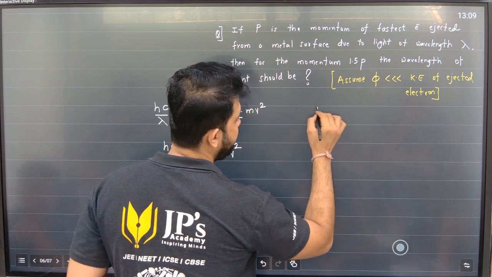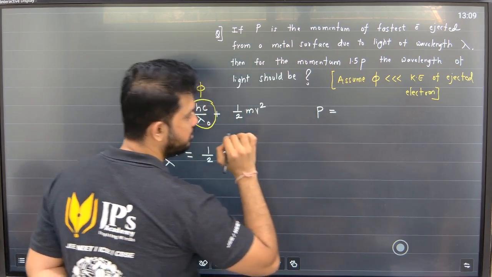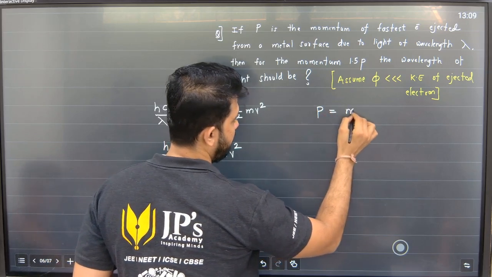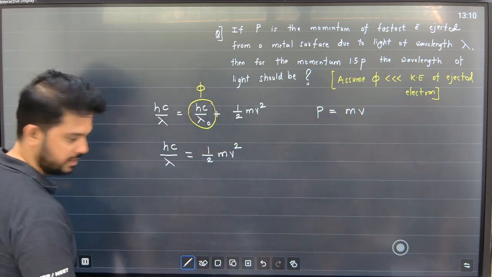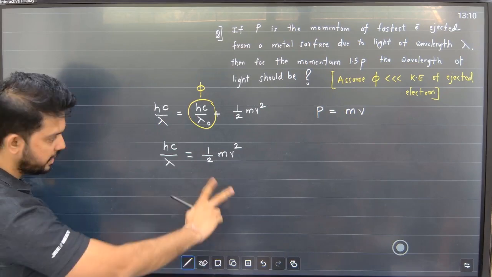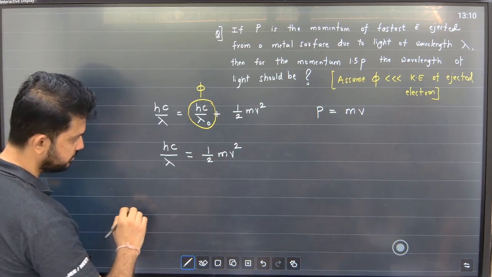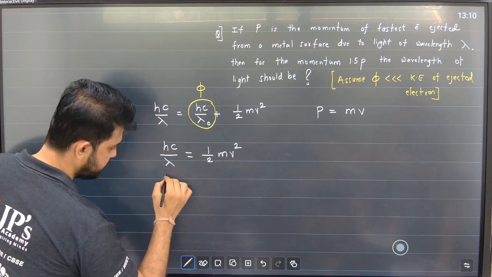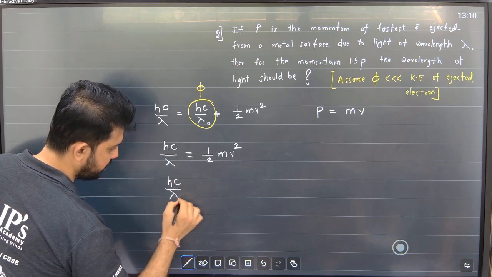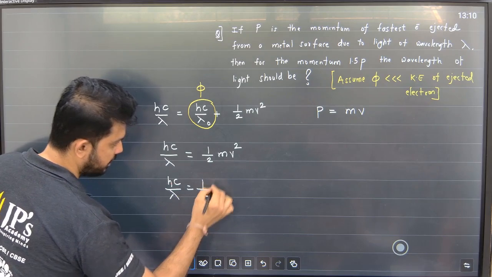Somehow we have to bring in momentum. What is the formula for momentum? Anyone? mv. I think you people get an idea. How will we get mv? Can I say hc by lambda is half mv square?